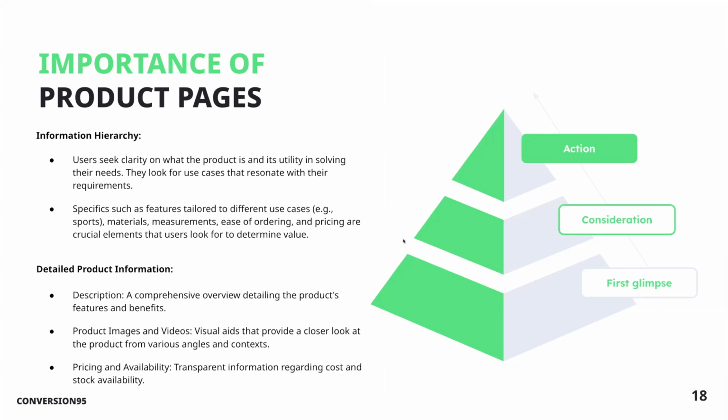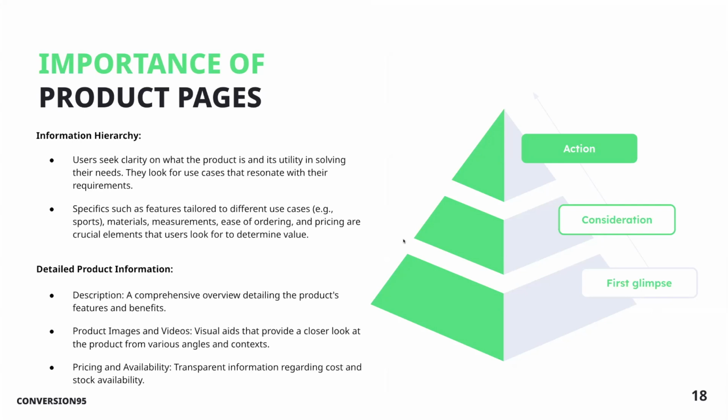Does it look friendly? And if it checks this box, the user starts considering. In the consideration phase, they are looking for the elements that we just spoke about, and they are evaluating if this product solves their specific needs.